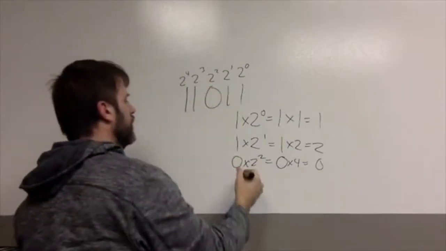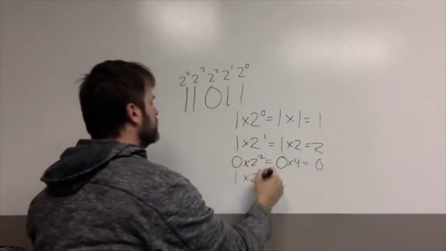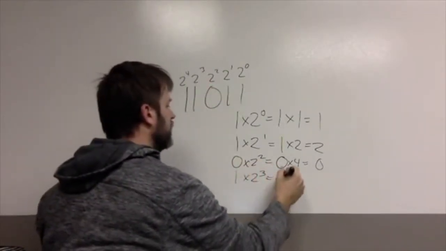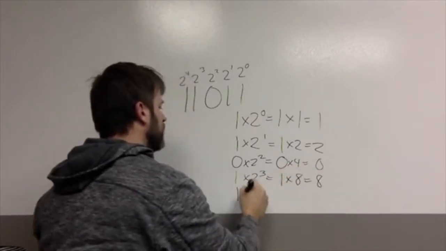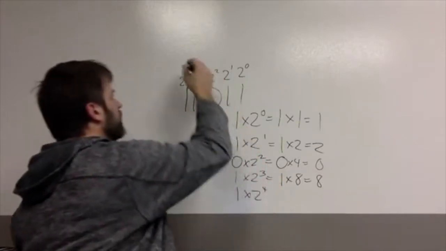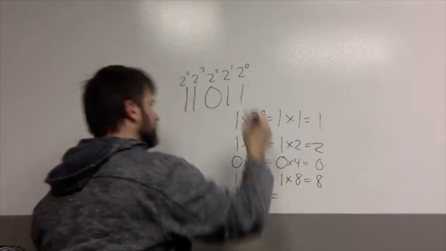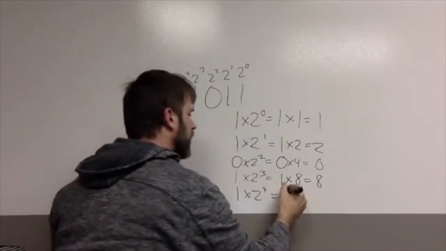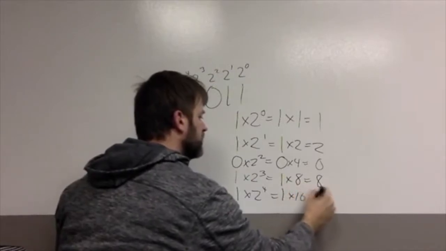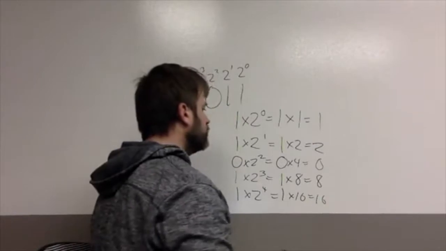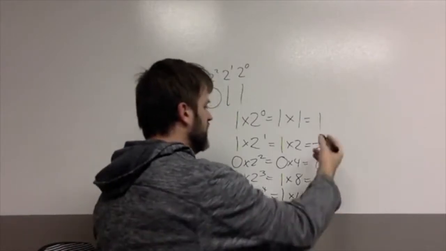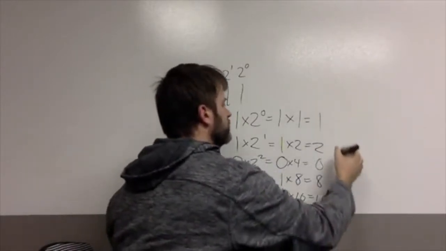Here we have 1 times 2 to the third power, which is 1 times 8. And 1 times 2 to the fourth power, this highest digit here, which is 1 times 16, or 16. Then you add these all up, and it comes out to 27.